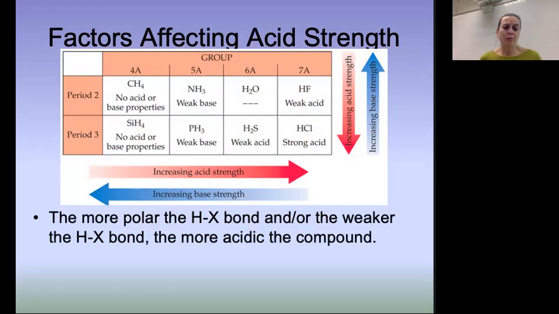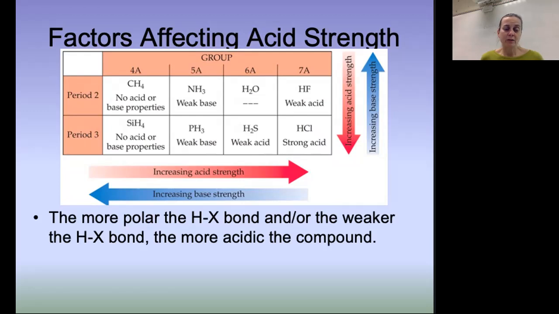So the more polar the bond, the easier it is to break, the easier it is for water to break it and release that hydrogen. The stronger the bond, the harder it is to break. So the weaker the bond, the more acidic the compound is going to be.